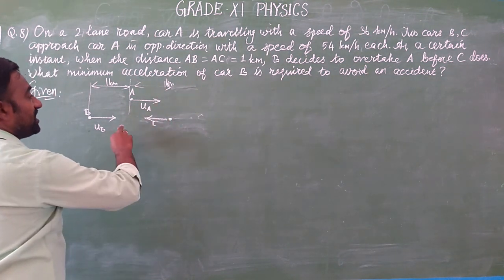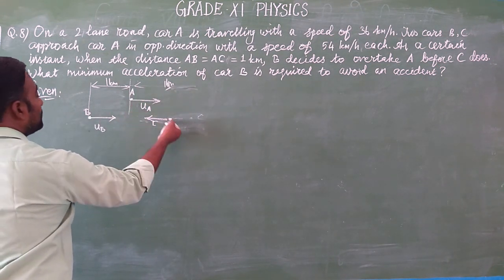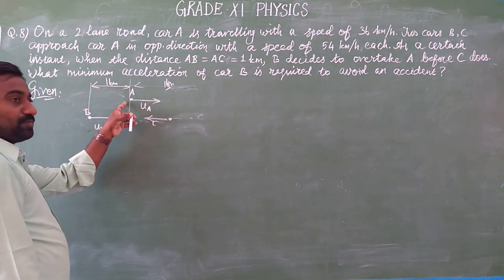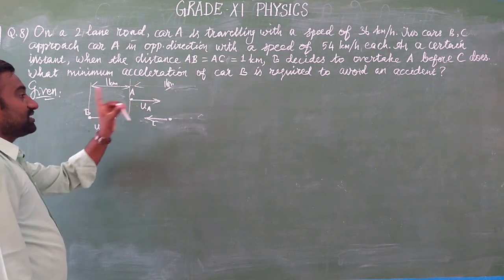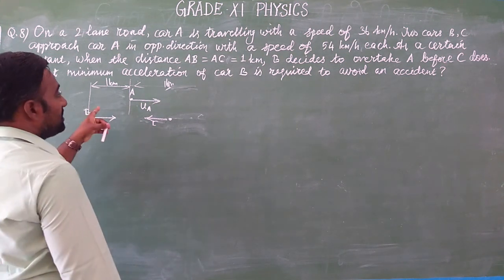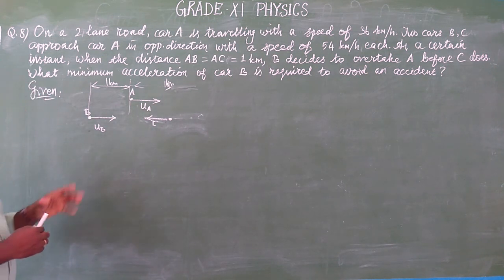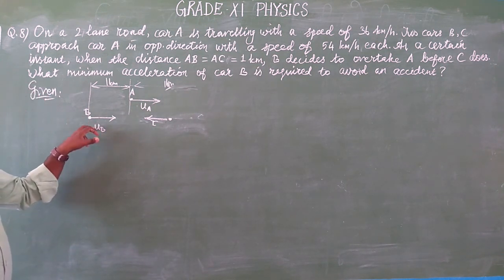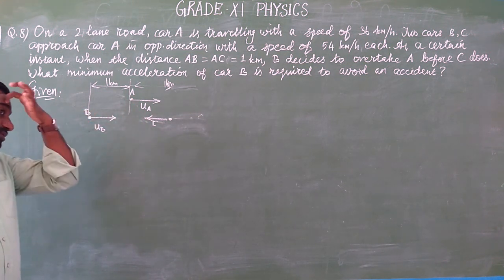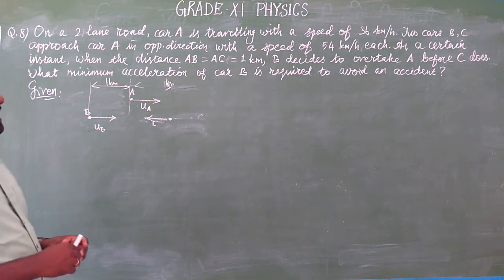B decides to overtake A before C does. That is, B tries to overtake A before C reaches A. And what is the minimum acceleration of car B required to avoid an accident? Because B and C are coming in opposite directions, we should find the minimum acceleration of car B to avoid an accident.